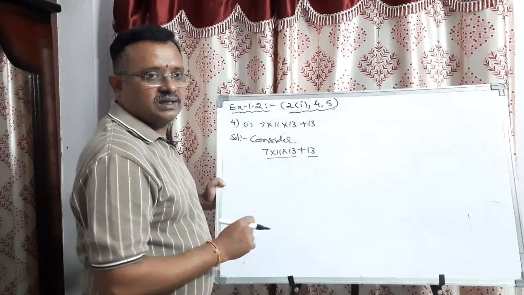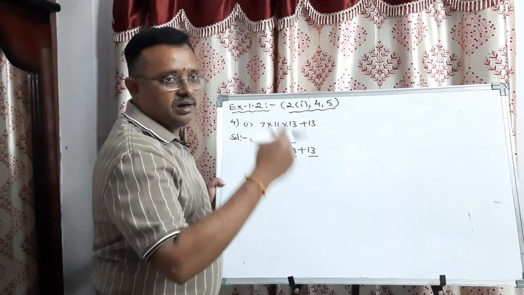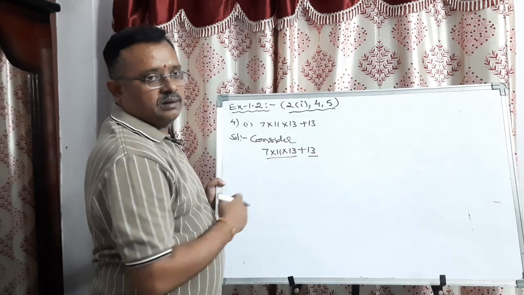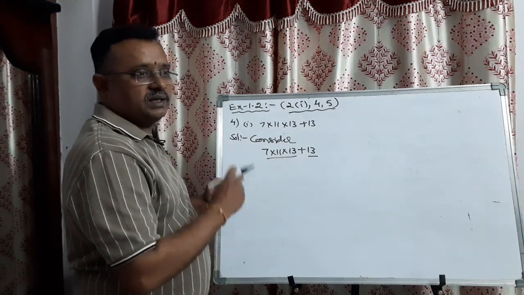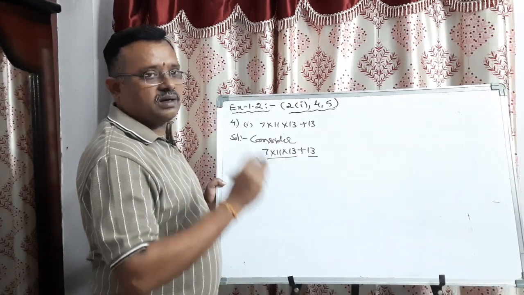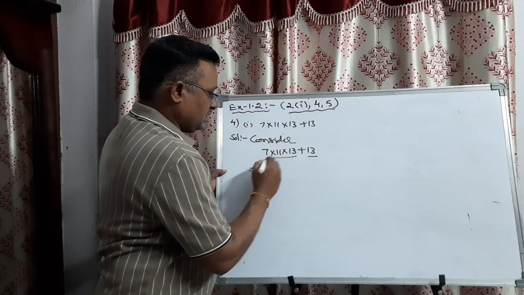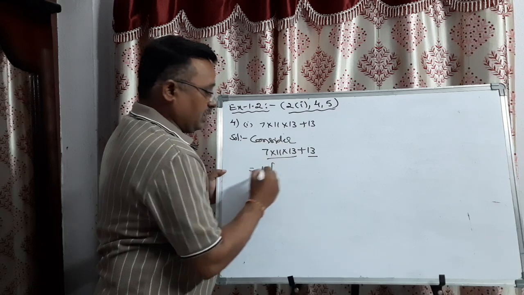Now observe this. If there is a chance to take any number common from the given mathematical statement, automatically that will become composite. A number coming common becomes a composite number. So here 13 is coming common out of the numbers.